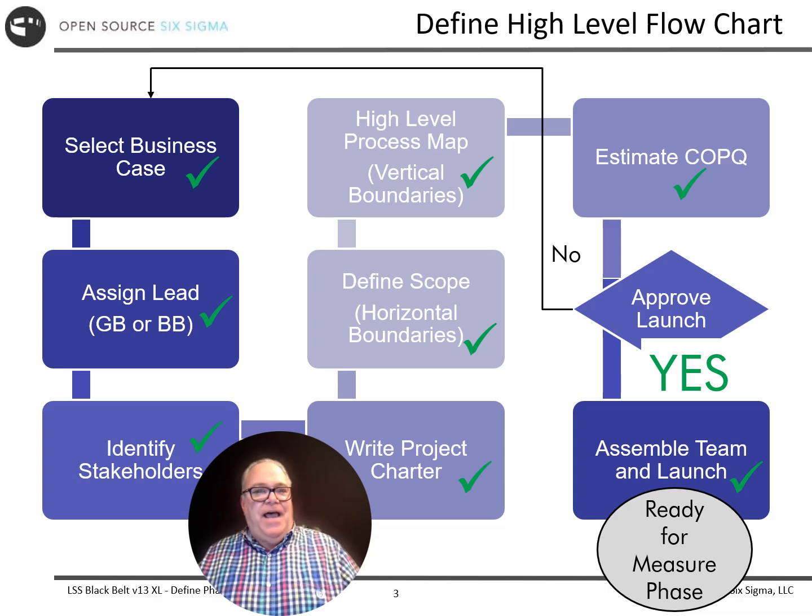Once we decide on the effort, a belt like yourself would be assigned as the lead. Some of the other activities we can do in different orders, but who are the stakeholders, so that we can make sure that all of leadership, anyone that can say no, is in back of the effort, again pointing back to the business case of why we need to fix the process in order to fix the output.